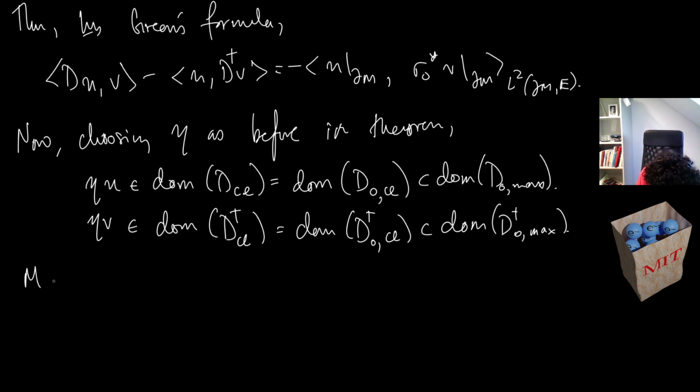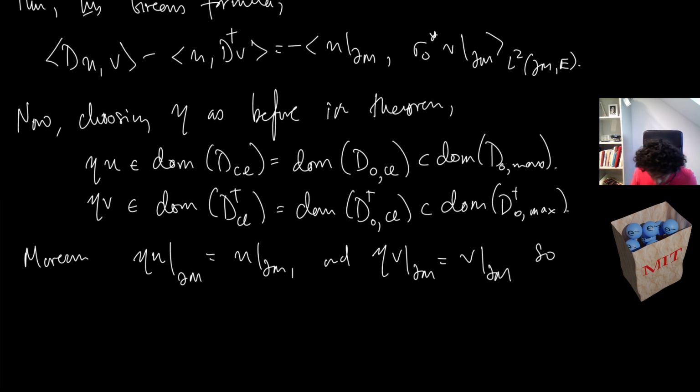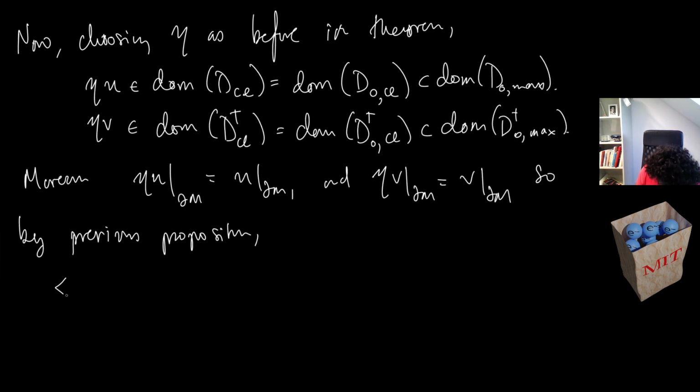So moreover, eta of u restricted to the boundary is equal to u restricted to the boundary, and eta of v restricted to the boundary is v restricted to the boundary. So by the previous proposition, we have that u restricted to the boundary.